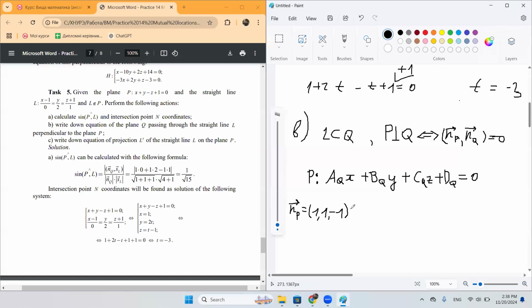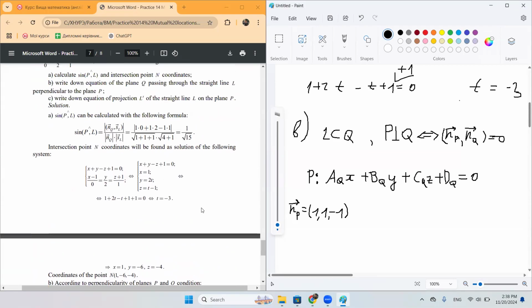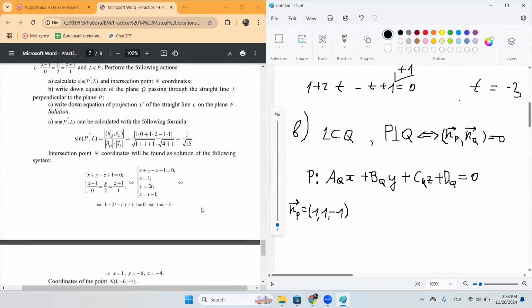We don't need D here, so we can set it to 0.